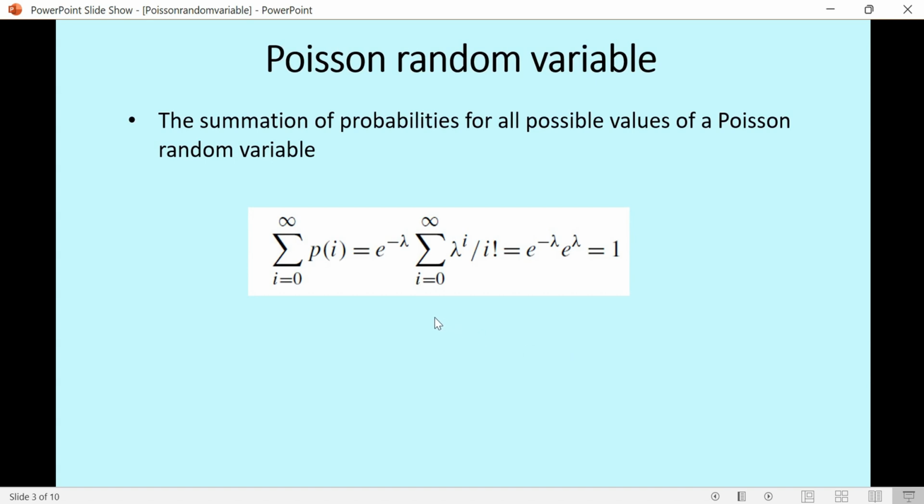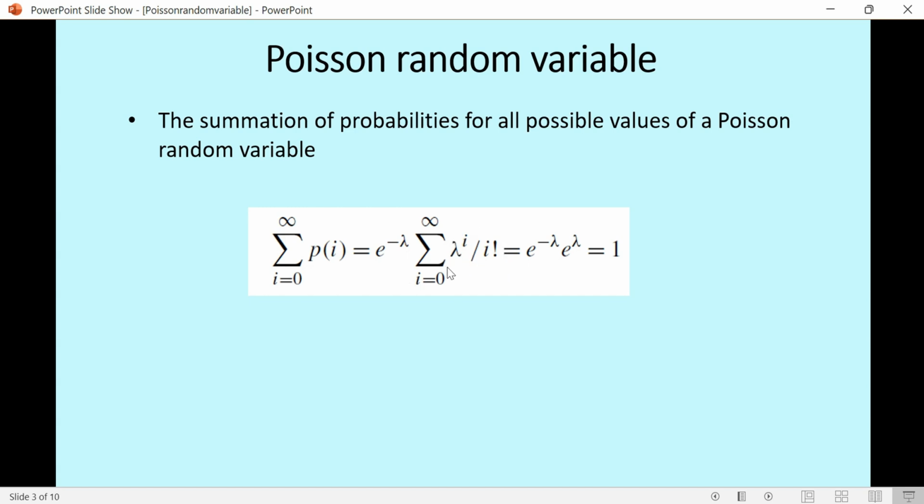If we sum all these probabilities for the Poisson random variable, with i from 0 to positive infinity, the summation equals e to the minus lambda times the summation of lambda to the i over i factorial.